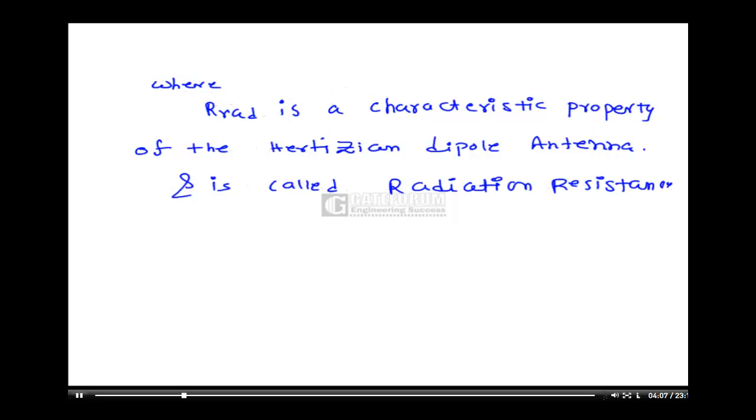The radiation resistance of the Hertzian dipole is a very, very important characteristic of the antenna.